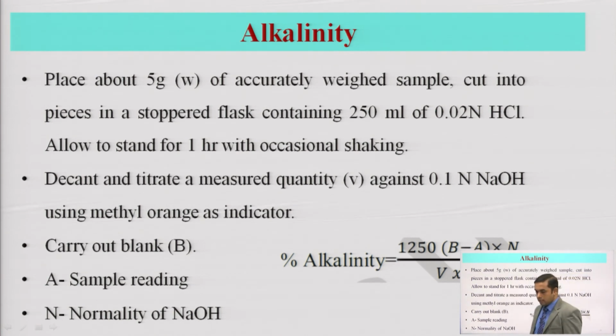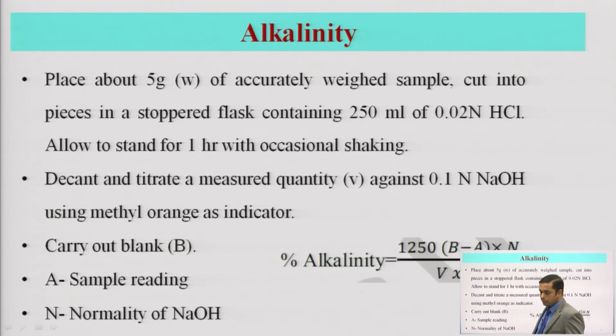Then, yes, alkalinity is another test we are doing. You have seen the pH, that means acidic. What is the opposite of acidic? Obviously alkaline. So the alkalinity test you also have to perform. How to do the alkalinity test?